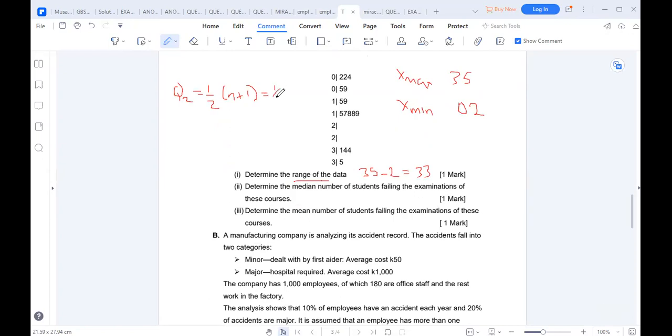So half of 16 plus 1, half of 17, you get 8.5. 8.5 means what? The 8th and the 9th number, divided by 2. So 1, 2, 3, 4, 5, 6, 7, 8, 9. So what numbers are those? 15 and 17. And divide that by 2, we get 16.